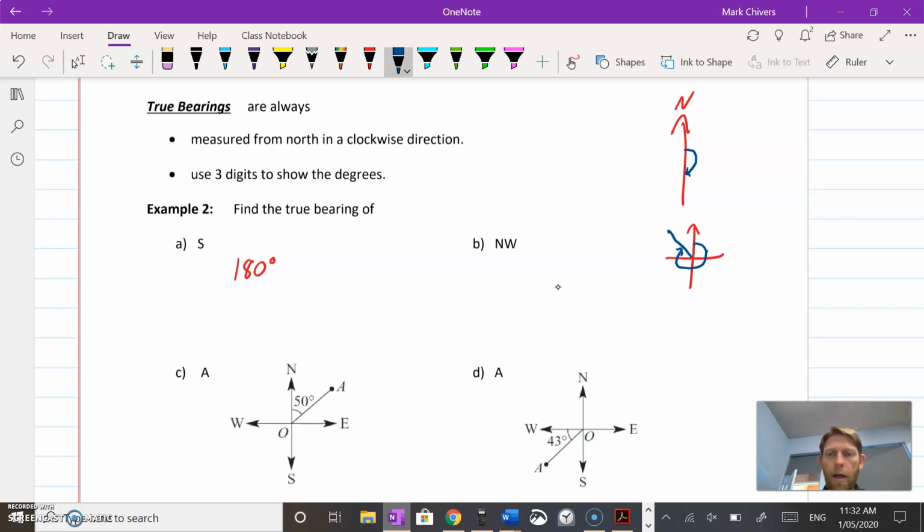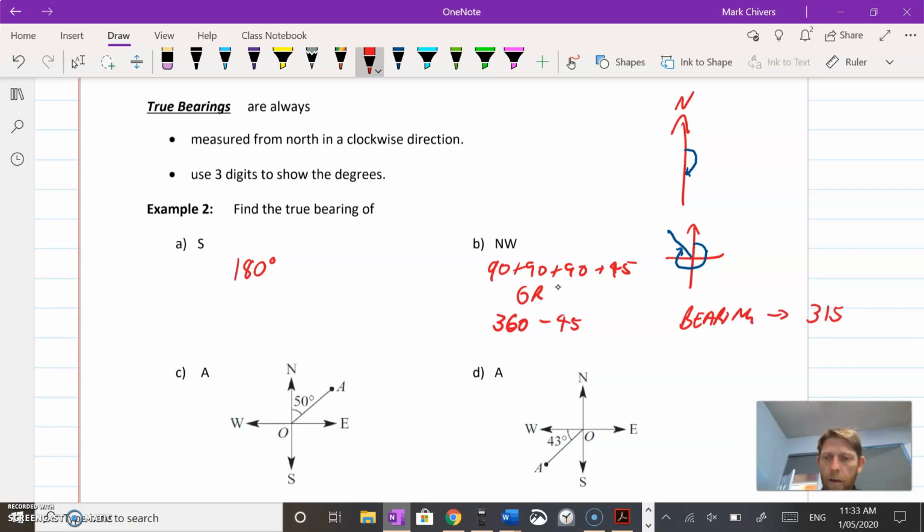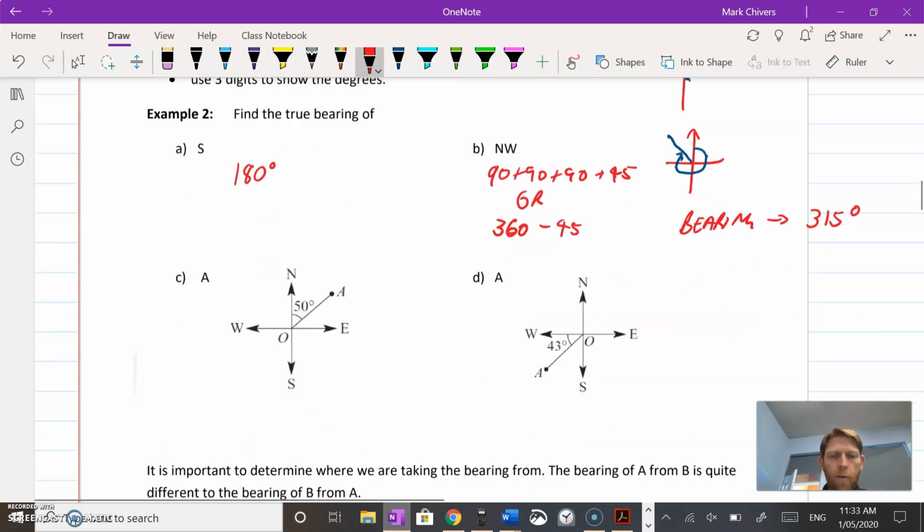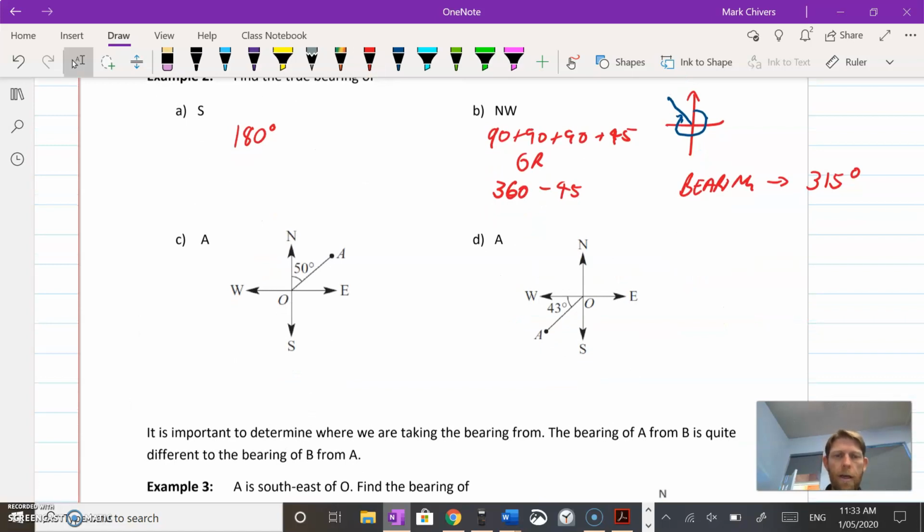That means the angle is going to be 90 plus 90 plus 90 plus 45, if you want to do it that way, or you could say 360 degrees the whole way around minus 45. Either way, you're going to end up with the bearing being 315 degrees.